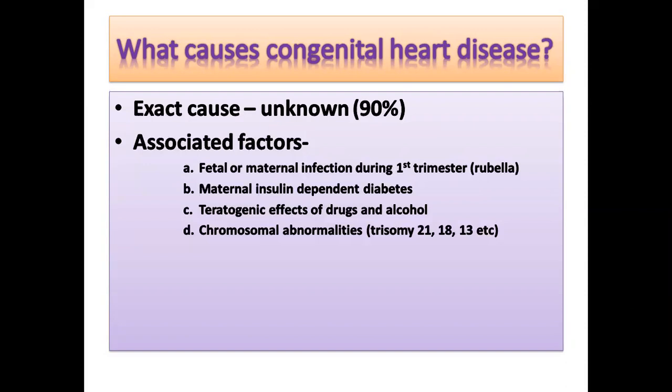Next, teratogenic effect of drugs and alcohol. We already know that very well. The side effects or adverse effects of certain drugs, particularly those used for chronic disease conditions, will affect the developing fetus. Next, chromosomal abnormalities, such as trisomy 21, 18, and 13.